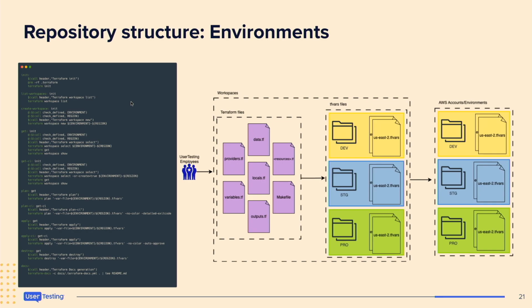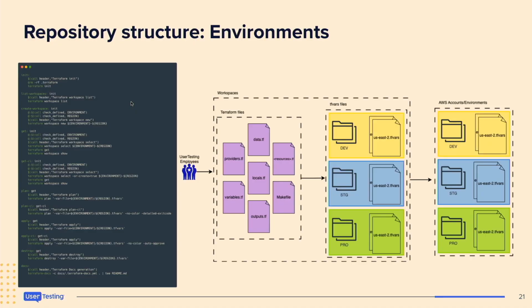So with that approach and also the help of the makefile, which looks a little bit like that, we get Terraform files, some tfvars that allows us to personalize the values of each environment, but forces us to have the same resources deployed in each environment, so we don't have drift in the environments. All this picture holds in a workspace that then gets deployed into a AWS account and region.